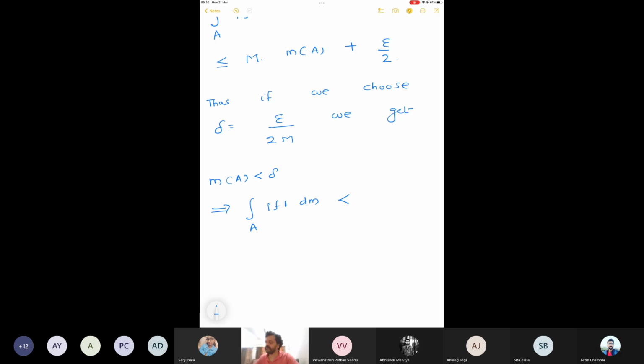Therefore, it will be epsilon by 2 plus epsilon by 2, which is less than epsilon. So given epsilon, I could find a delta such that measure of A less than delta implies the integral is less than epsilon. Is that okay? So we proved the result.